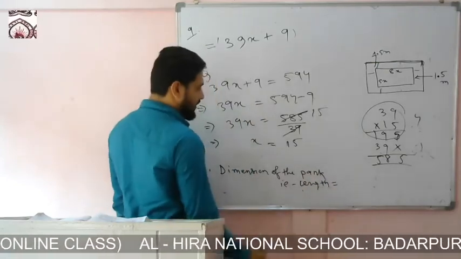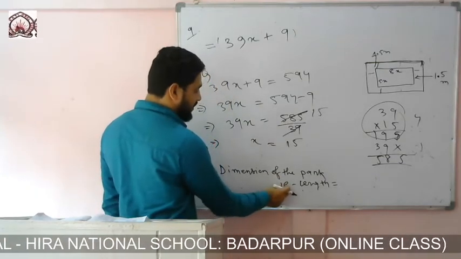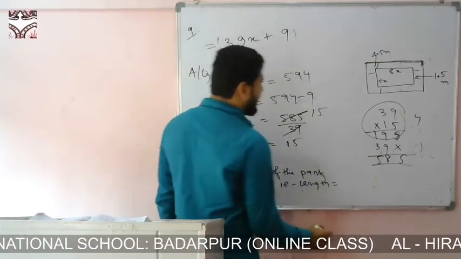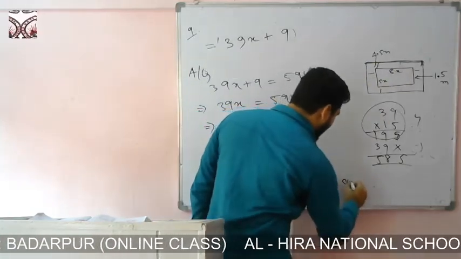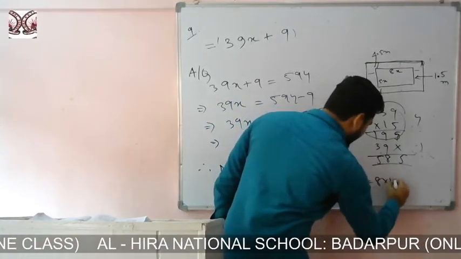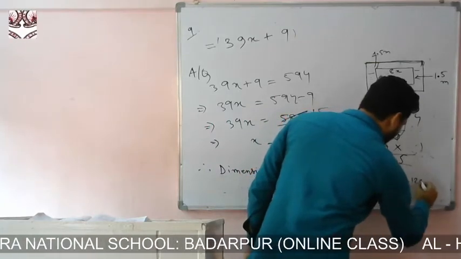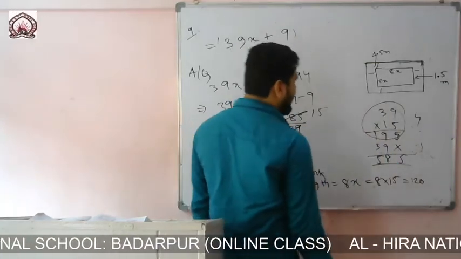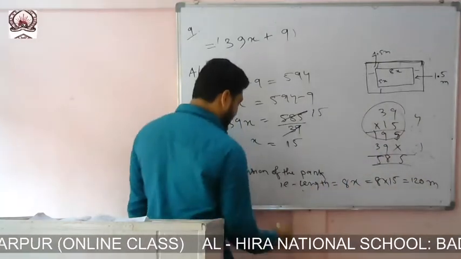That is length, l in short form. What we let was 8x, earlier we let 8x, so it will be 8 into 15, that means 120 meter.